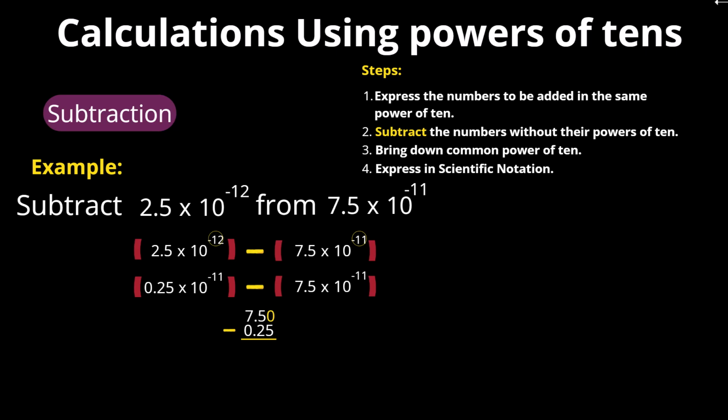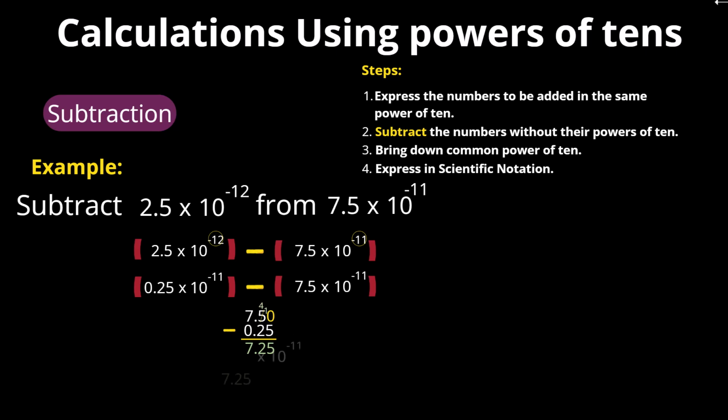7.50 minus 0.25. 0 minus 5, we cannot subtract. So we need to borrow from the 5. And 5 will be 4, and that 0, we add that 1, which makes it 10. Okay, now 10 minus 5 will be 5, so 7.25 is our answer.